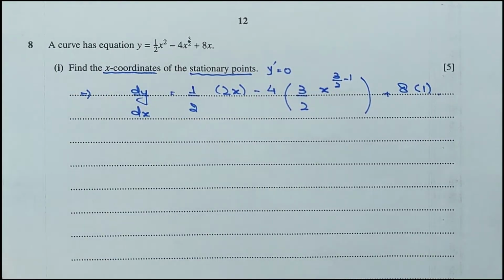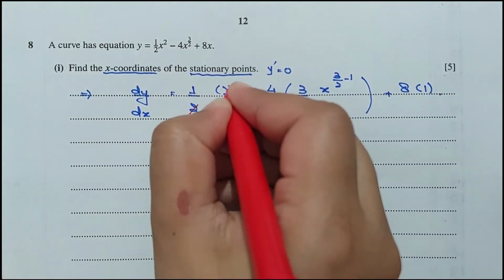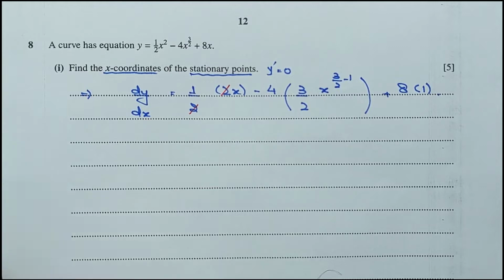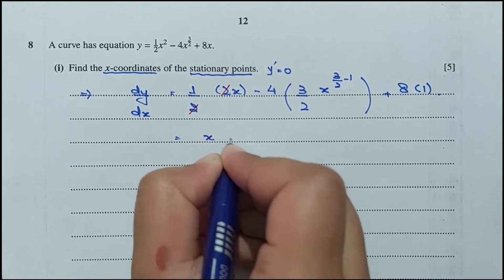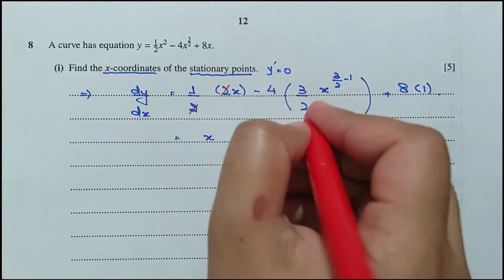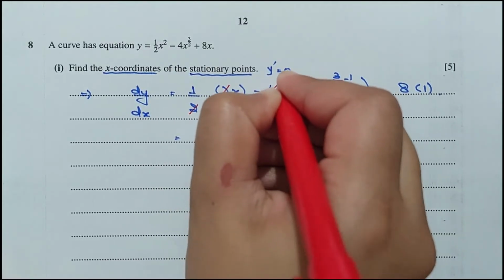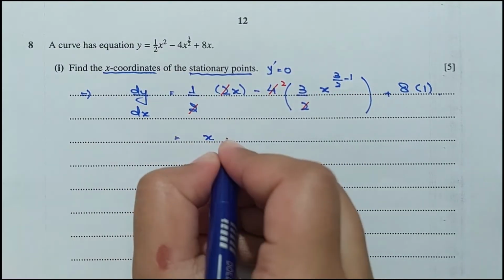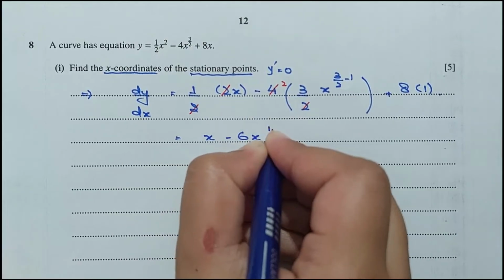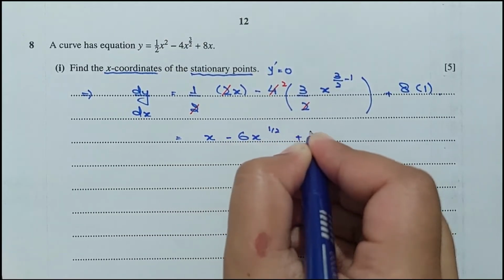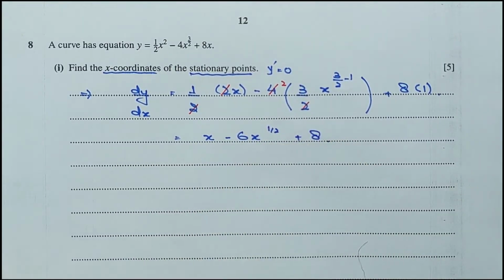3 by 2 minus 1 is 1 by 2. So here let me simplify. 2 is cancelled with 2, so we are just left with x. And we have 2 times 1 is 2, 2 times 2 is 4, 2 times 3 would be 6, minus 6 x to the power 1 by 2 and plus 8. This is the derivative, right?